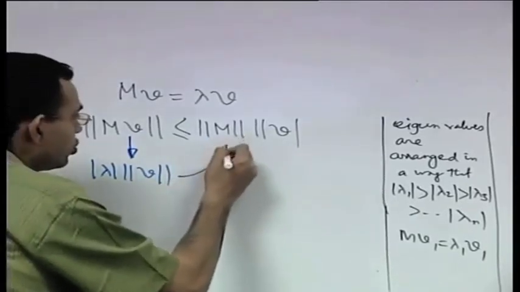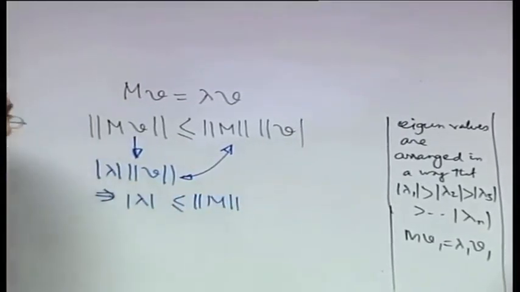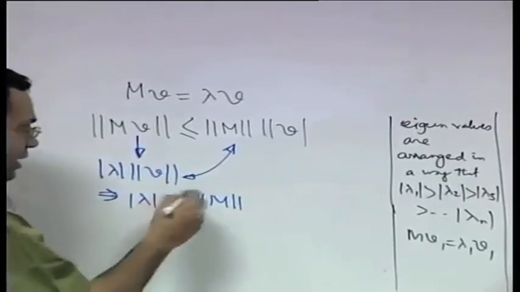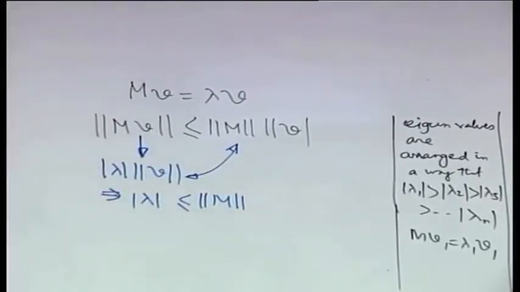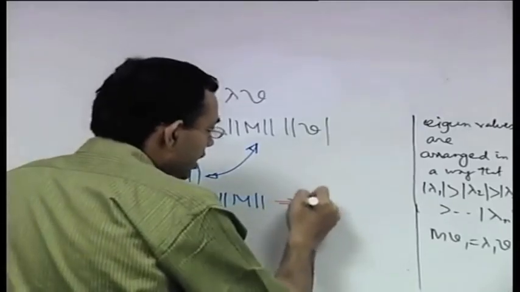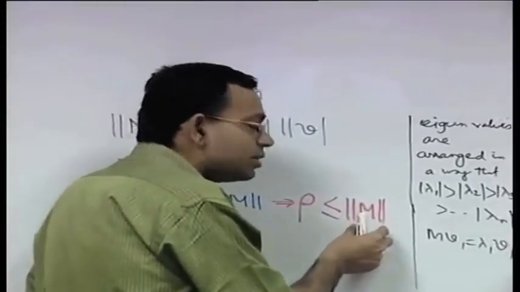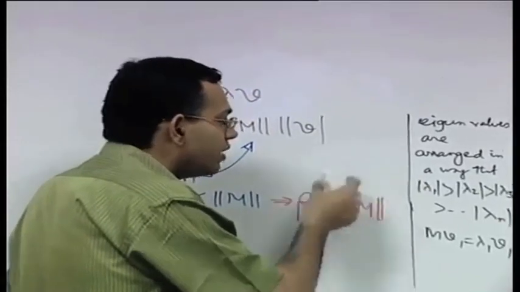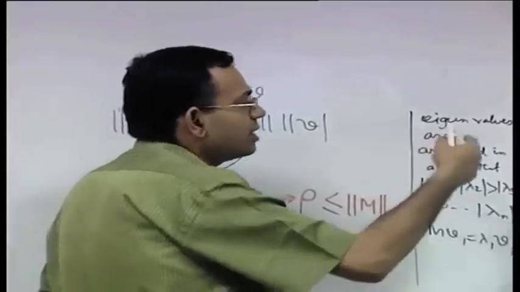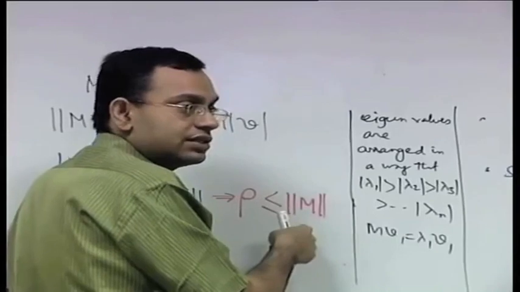From these two it follows that mod of lambda is less than or equal to norm of M. Since mod of lambda is less than or equal to norm of M, the maximum of mod of lambda is also less than or equal to norm of M, that is, the spectral radius of convergence is less than or equal to norm of M. So, if you can have an estimate of the norm of M, then that is good enough to give you a bound of the spectral radius of convergence, and that can in effect be substituted in place of the eigenvalue representation to get an estimate of the characteristics of convergence.